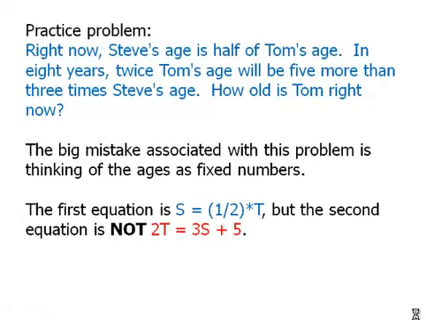But for the second equation, we cannot just say, well, twice Tom's age will be 5 more than 3 times Steve's age. 2T equals 3S plus 5. We can't say that because in 8 years, the ages will be different, and we need to take that into account. It's not enough to say that T is Tom's age. We have to specify Tom's age when.